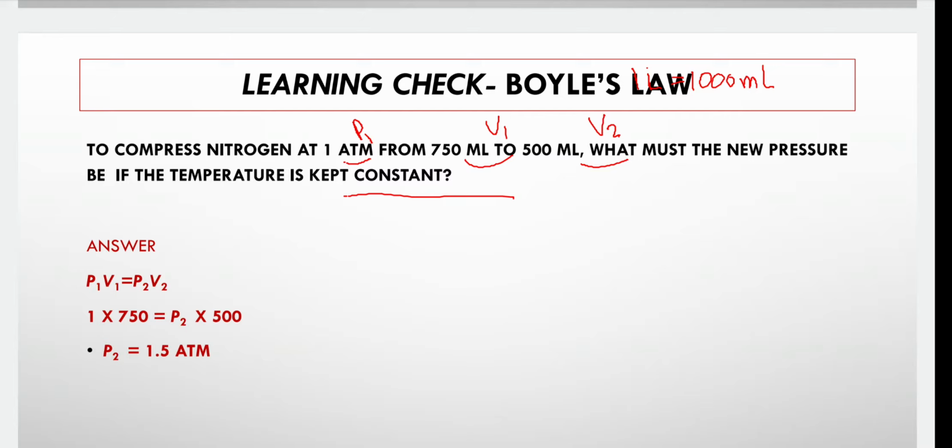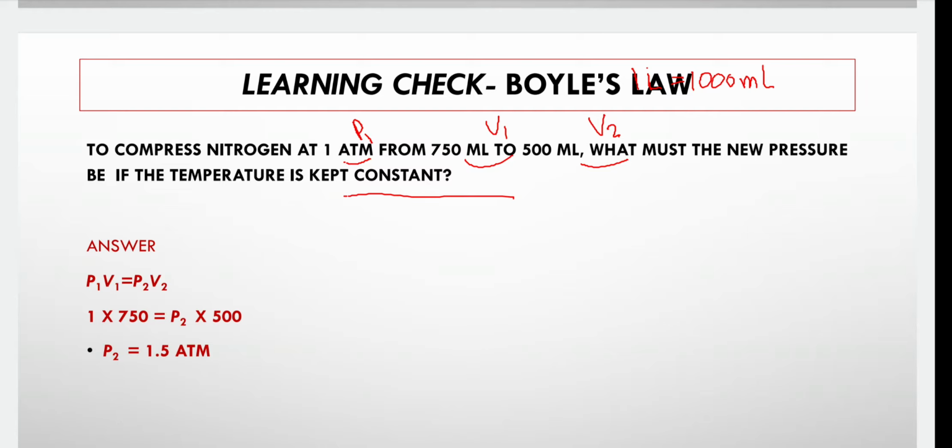You have to know that 1 liter equals 1000 milliliters. So if I want to compress nitrogen at 1 atmospheric pressure from 750 milliliters, this is volume 1. What's going to be the pressure when the volume changes to 500 milliliters?